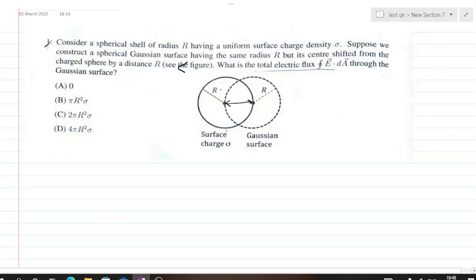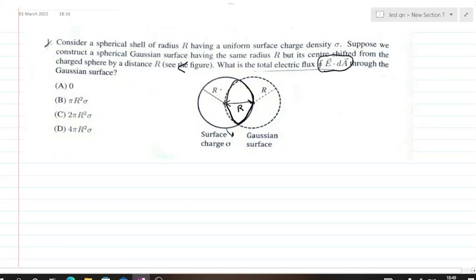Basically, the question is given that this is the original place of that sphere, but our Gaussian surface is shifted by a distance r.